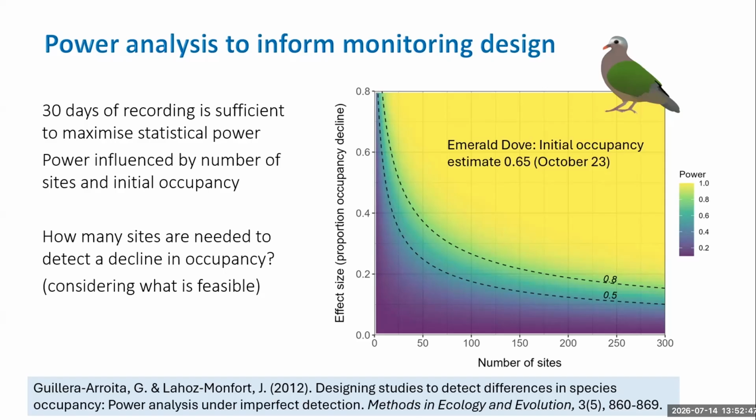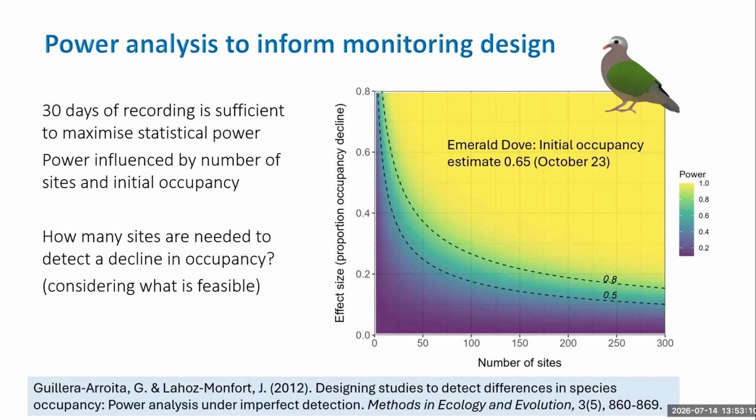But what this is really showing is that there are some decisions to be made, depending on what's feasible as far as the number of sites that you're able to monitor, and what's a meaningful effect size, so the occupancy decline that you want to detect.